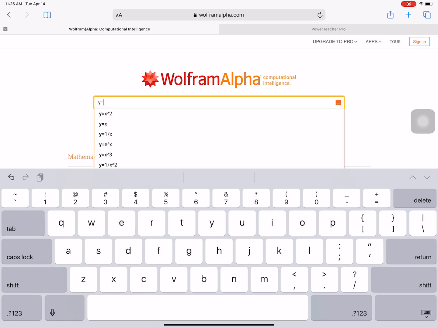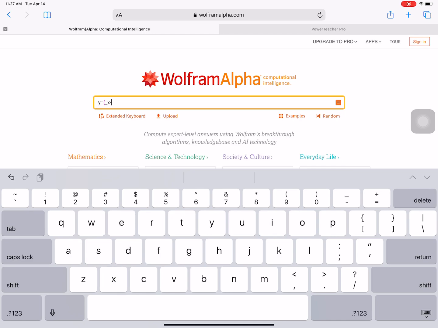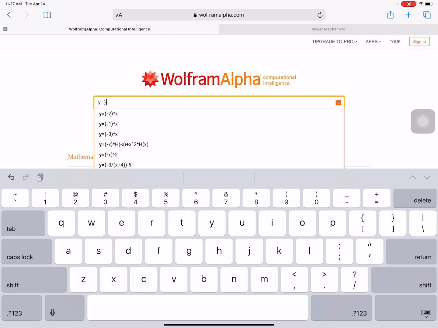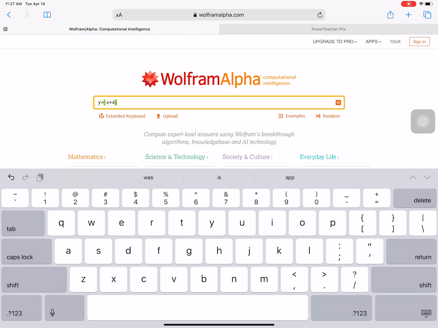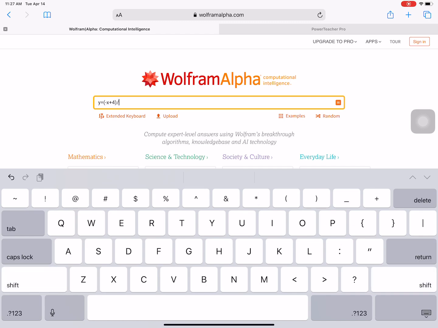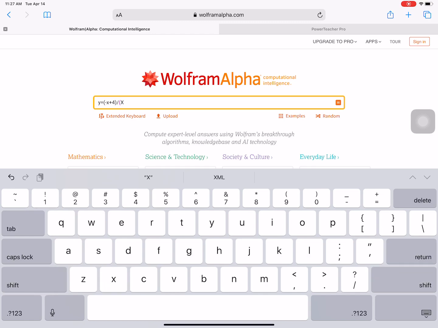so y equals, now you've got to be careful here, so I'm going to go bracket negative x plus 4. I want to make sure that when I'm typing it in, I'm trying to type in the least amount of function. So I distributed that negative on the top. My denominator is going to have a bracket to start off with. X. Now you have to make sure you're using the same size x's. If you're using lowercase, stay with lowercase.